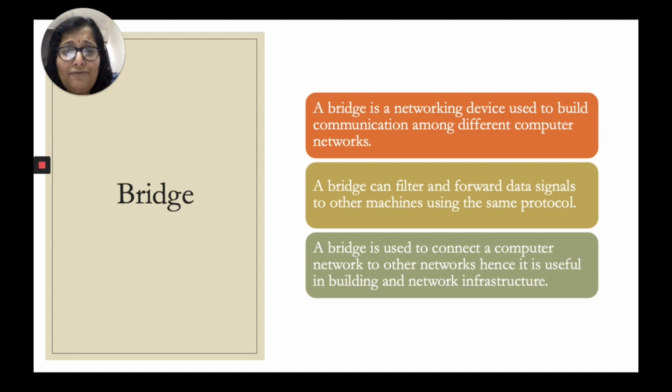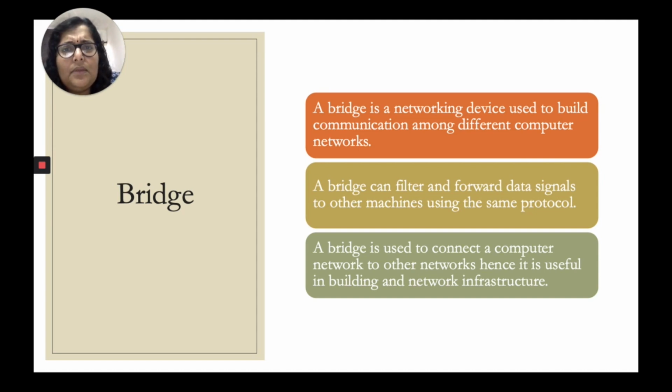A bridge can filter and forward data signals to other machines using the same protocol. That is, it will use the same protocol in all the networks, but it will filter what is required and forward the data signals to the other machines which require the connectivity. A bridge is used to connect a computer network to other networks, hence it is useful in building a network infrastructure.